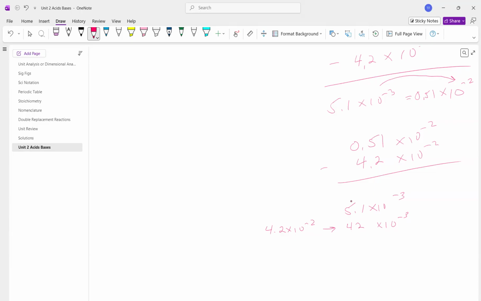If the number becomes more positive, the other one you have to make more negative. Because we don't want to change the value of the number, we're just changing its mask, so to speak. Because they have to move it back 3 times to get back to the original number.